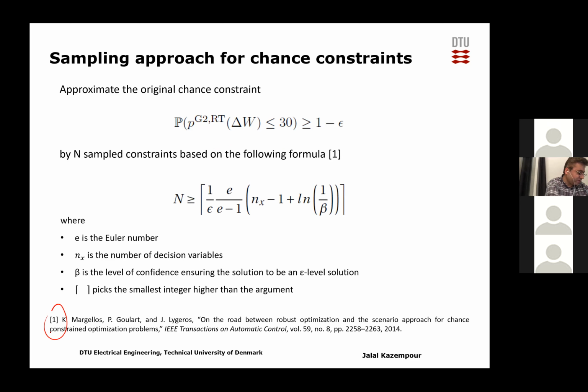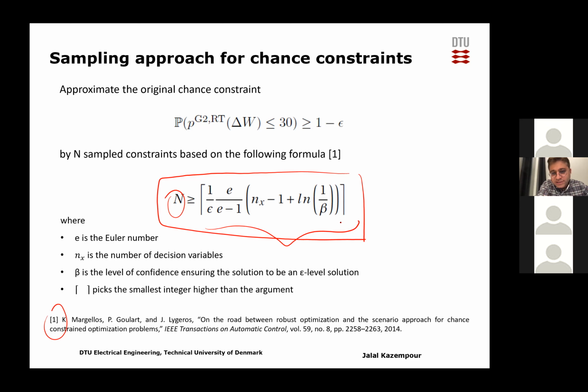This paper proves that to be able to represent exactly a chance constraint, we need N samples picked or generated from the given probability distribution. And this number should be this.